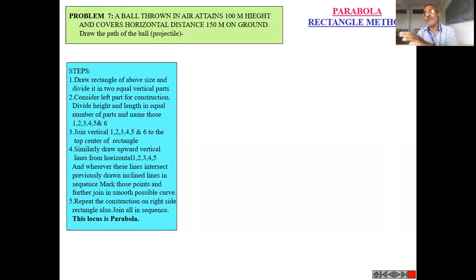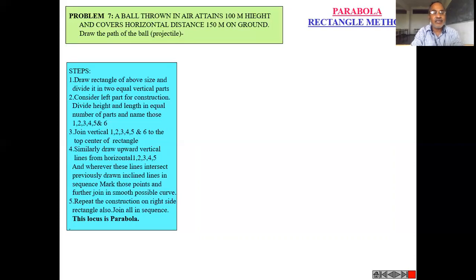The ball is thrown and it covers a certain horizontal distance, finally traversing a parabolic path. That is our interest, to trace that parabolic path, right? So in order to represent that event, we have to reduce the sizes so that it is clearly represented on the drawing sheet.